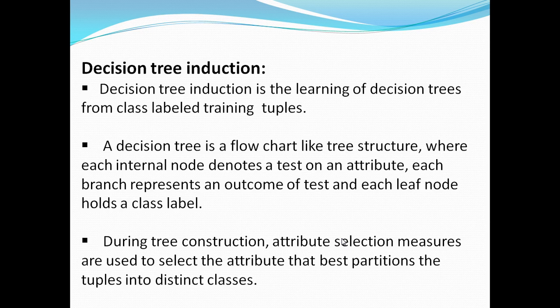So decision tree. Based on the classification rules that we have got in the previous steps, we build a decision tree. A decision tree is a flowchart like structure where each internal node denotes a test on the attribute. Each branch represents the outcome of the test, and each leaf node holds a class label.